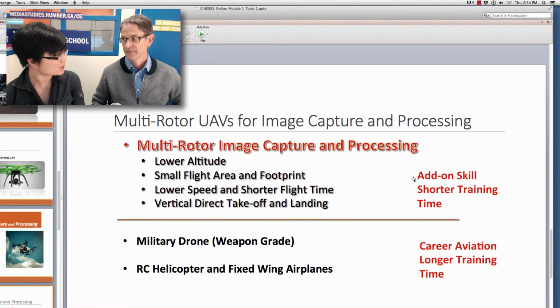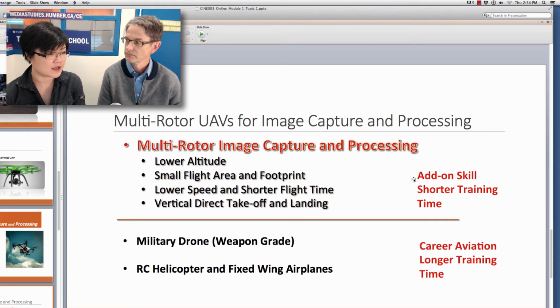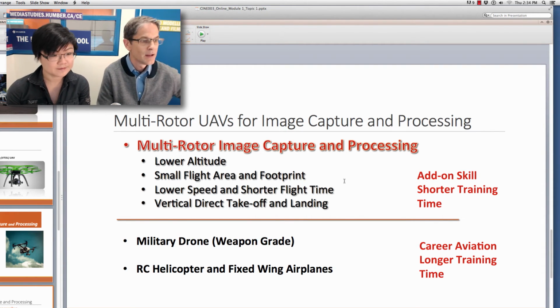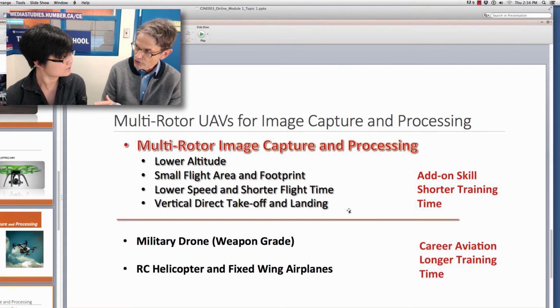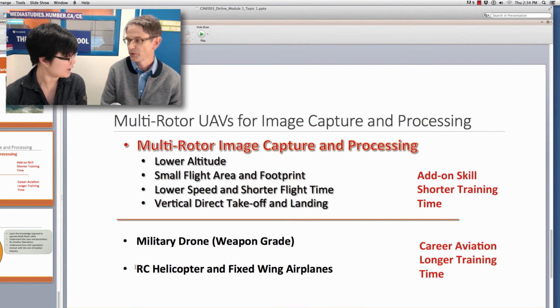Exactly. So an inspector who's using a UAV to go inspect a building, a police officer who's using a UAV in disaster management, so they have an existing profession. As opposed to just training you for a full-on pilot. Exactly, which is more fitting for the military side of things. For military or RC helicopter fixed-wing airplanes.